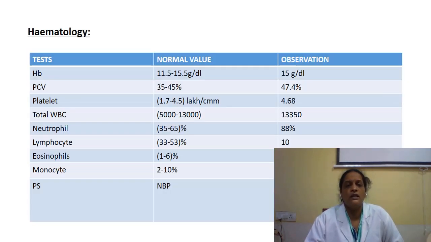According to the hematological tests, the hemoglobin was good, the platelet count was a little higher, total WBC was higher, and neutrophil count was higher, with mild thrombocytosis and neutrophilic lymphocytopenia.